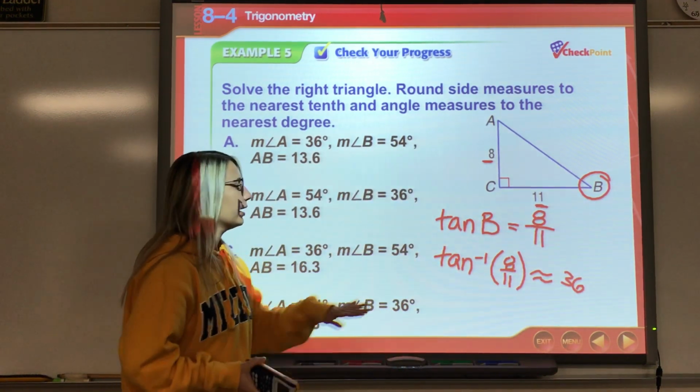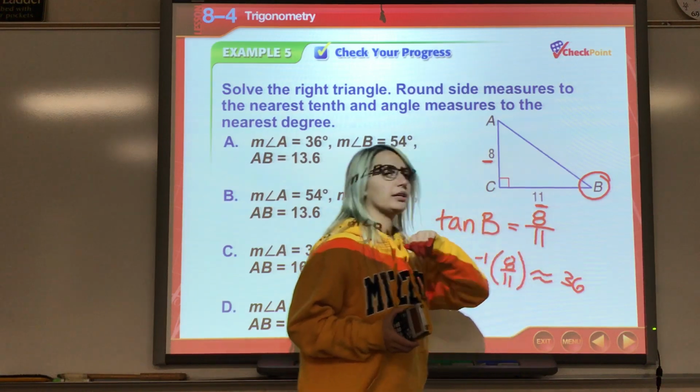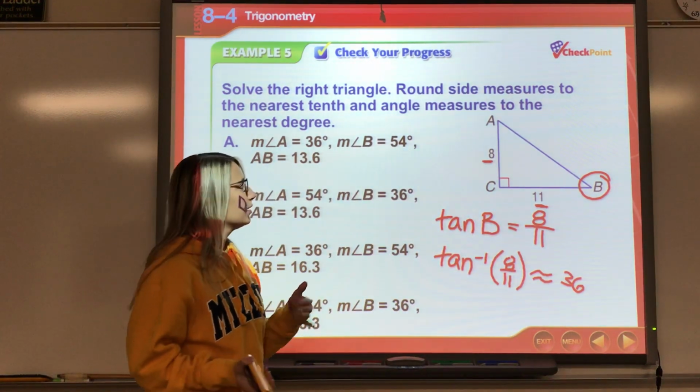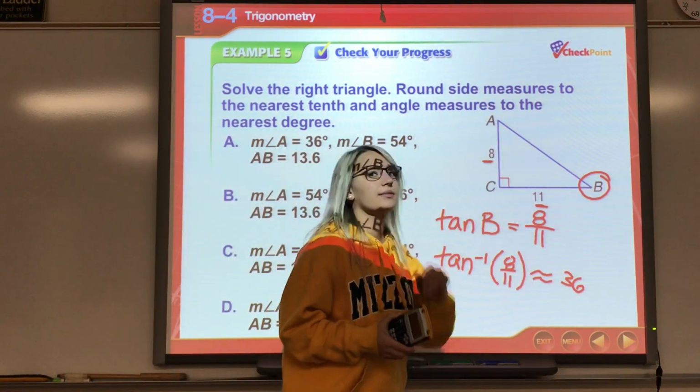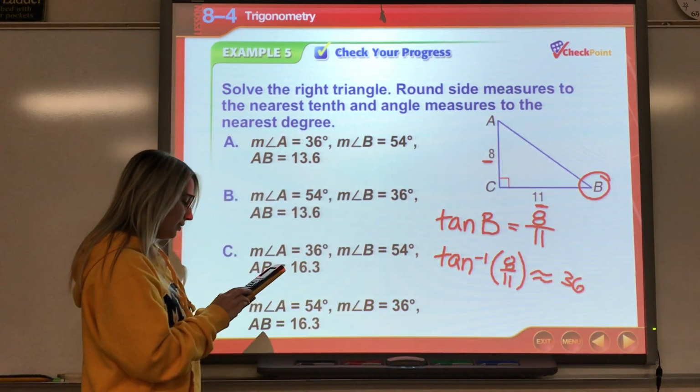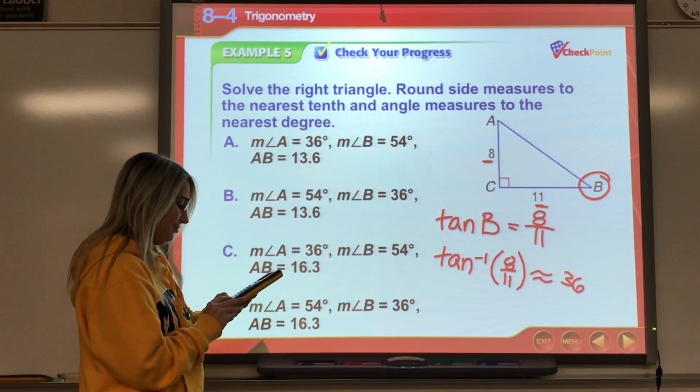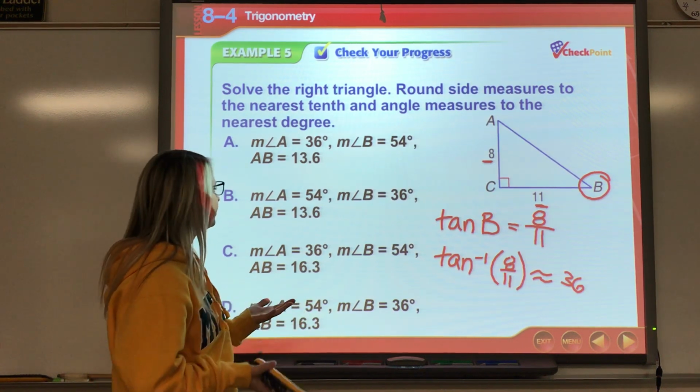Okay, so if the measure of angle B was 36, we could just take 90 minus this 36 to give us A. So when we do that, I can't do things in my head this morning, we get about 54.